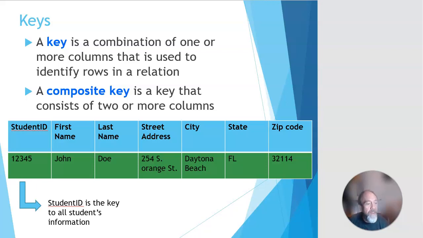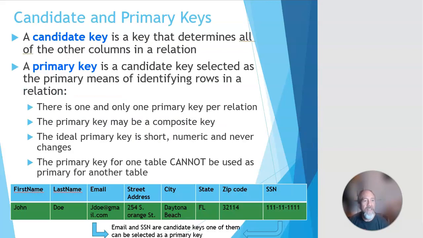But realize that you can have a key that is one column or a key that uses multiple columns. I tend to shy away from composite keys. It really does make your queries pretty messy. In the long run, we're going to be using SQL to actually do these queries. Don't worry about SQL just yet. When you get there, queries in SQL are pretty easy to do.